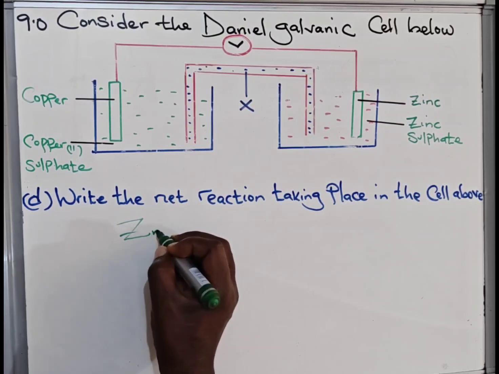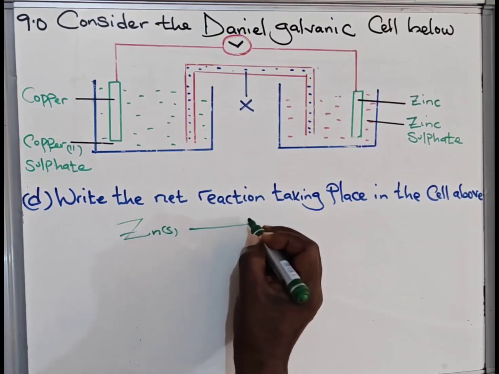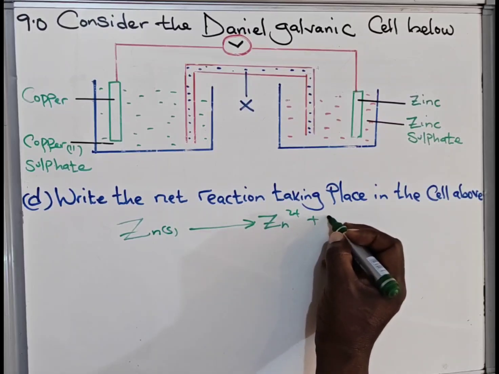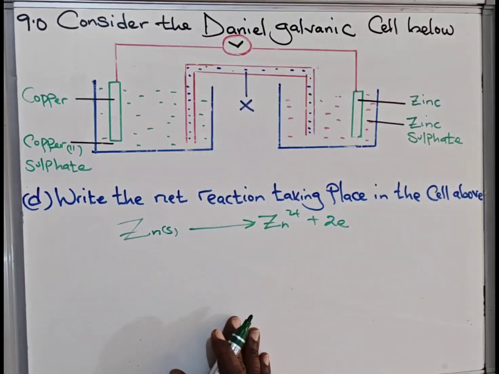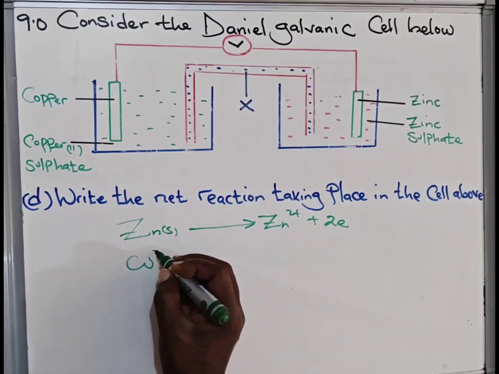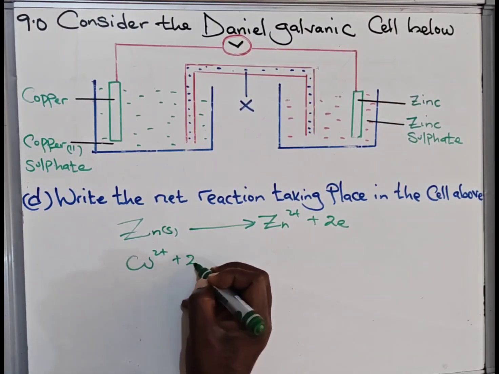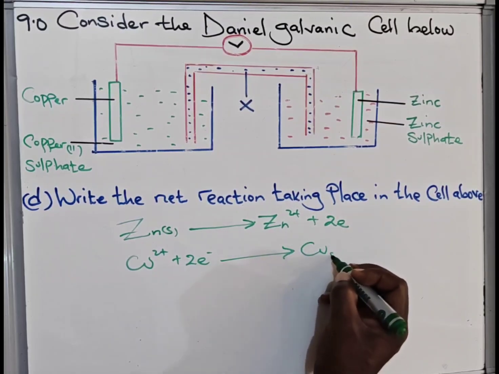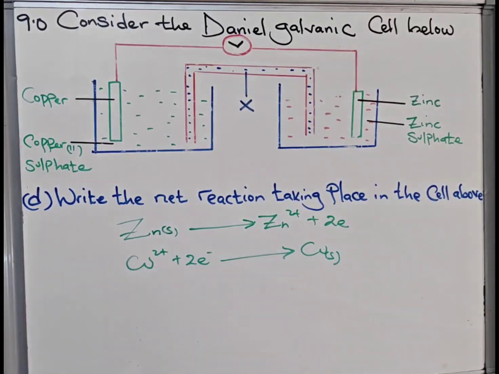It is zinc, which was oxidized to give you that. What reaction took place at the cathode? It is copper 2 ions taking up 2 electrons, giving you copper solid. So the summation of these two is what we call the net reaction.